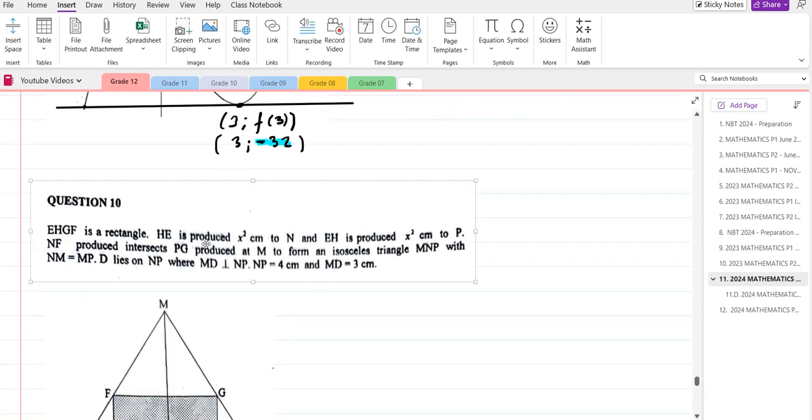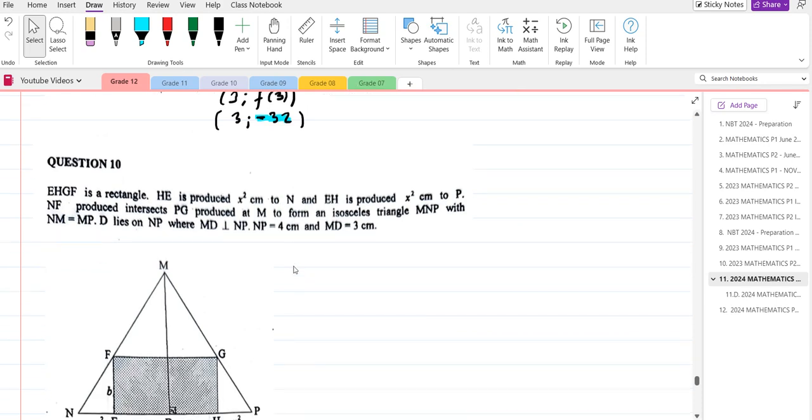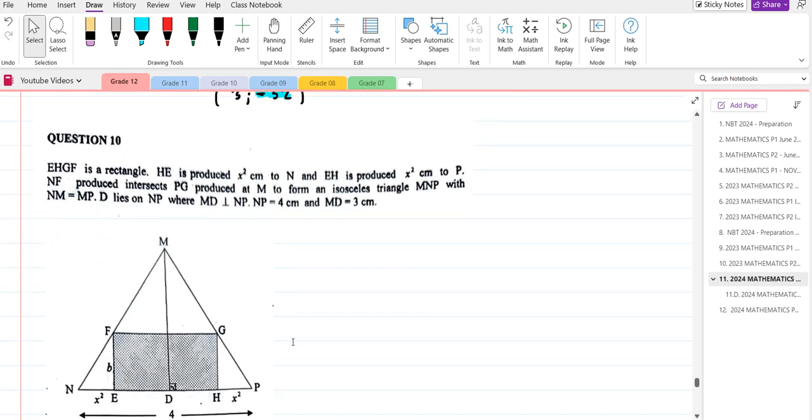Right, now question 10. EHGF is a rectangle. Let's see what they're saying. So EHGF is a rectangle, so that's a 90. If this is B, then this is B, and that's B, right?